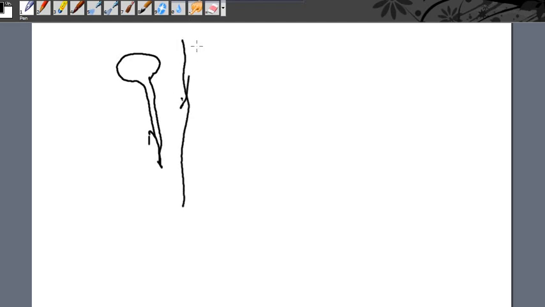Another mechanism of antihypertensive action of beta blocker is that, actually, this is the central nervous system, right? I'm not good at drawing. Suppose this is the central nervous system, brain and spinal cord, and any substances that want to enter the brain and the spinal cord must cross the blood-brain barrier, right?